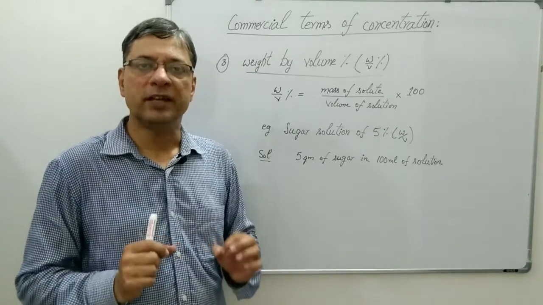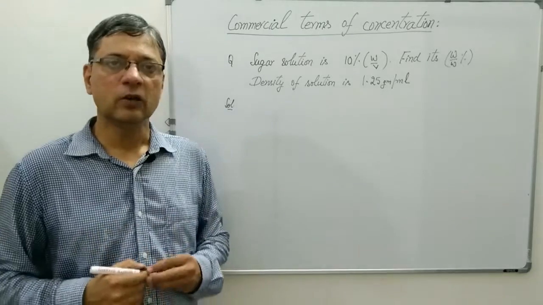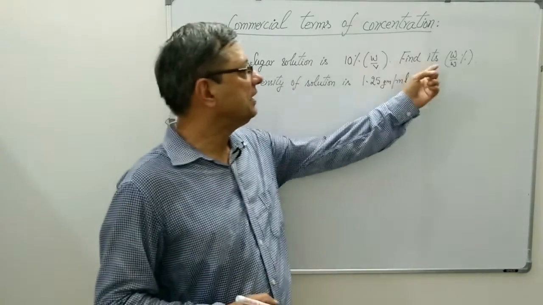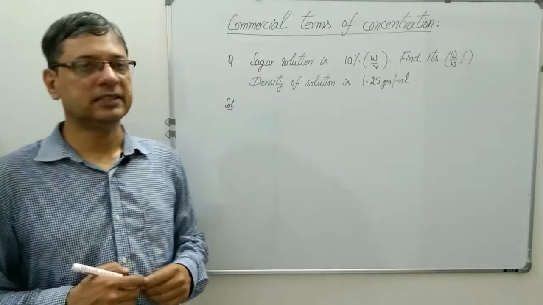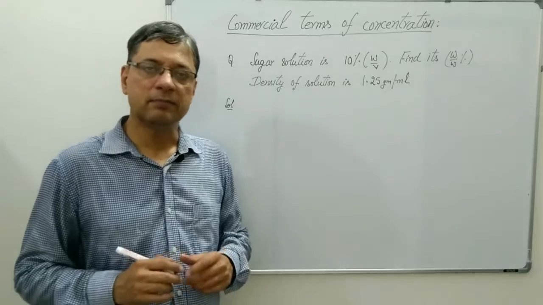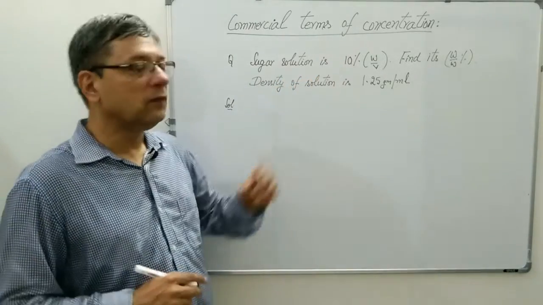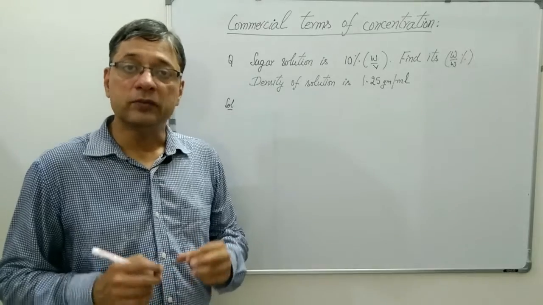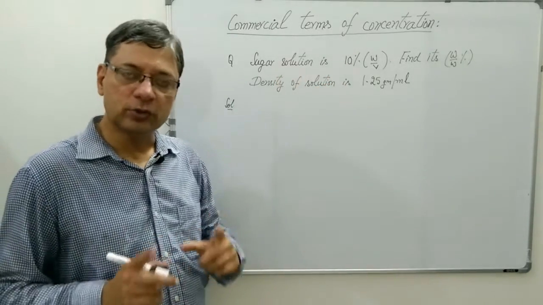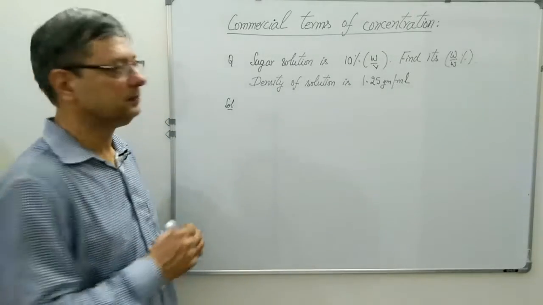Let us try some numericals on these commercial terms of concentration. The question says a sugar solution is 10% weight by volume. Find its weight by weight percentage. Density of solution given is 1.25 grams per milliliter. We are given 10% weight by volume of sugar solution. It would mean 10 grams of sugar present in 100 ml of solution.